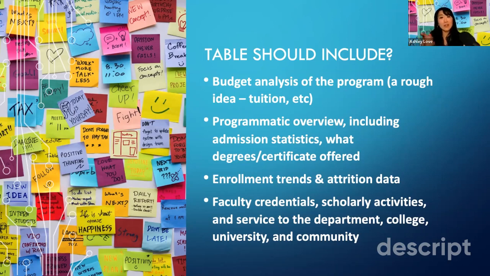I want you to look at the tuition and realize for yourself, oh, this one is private, this is public, this is how much it is for tuition, either per credit or per program, etc., just to get a rough estimate of what you're looking at.